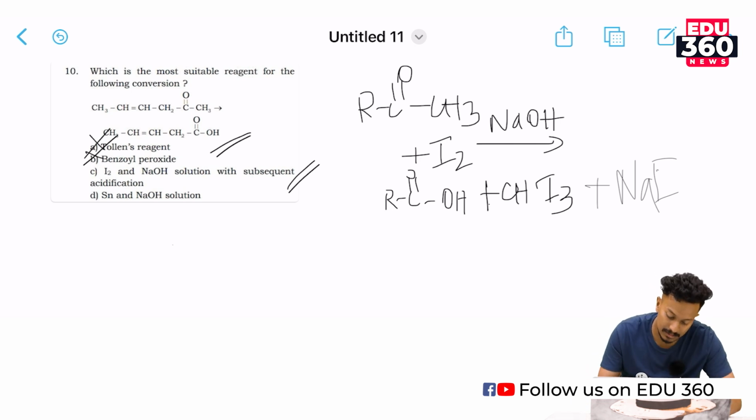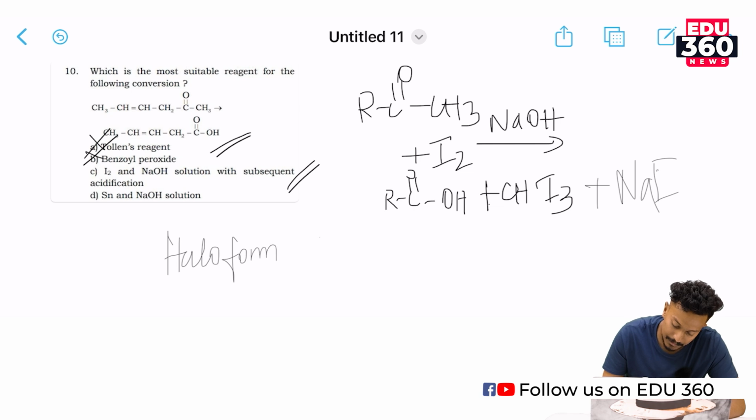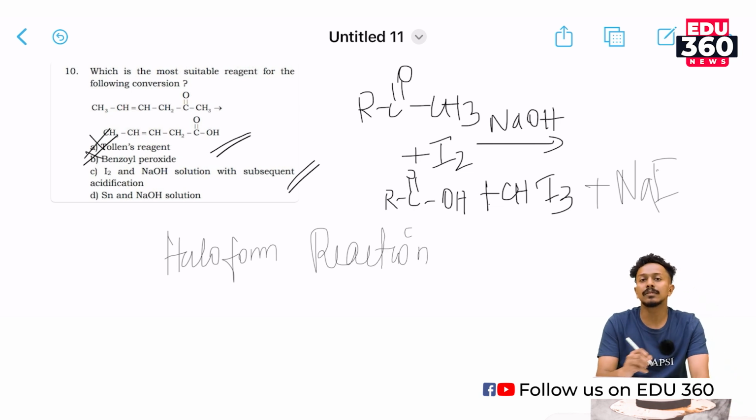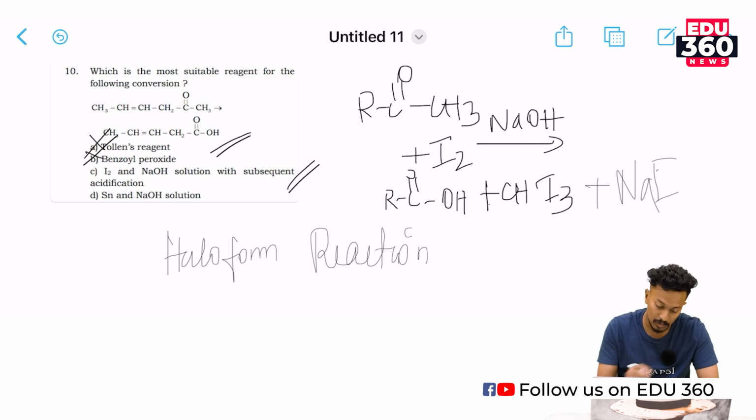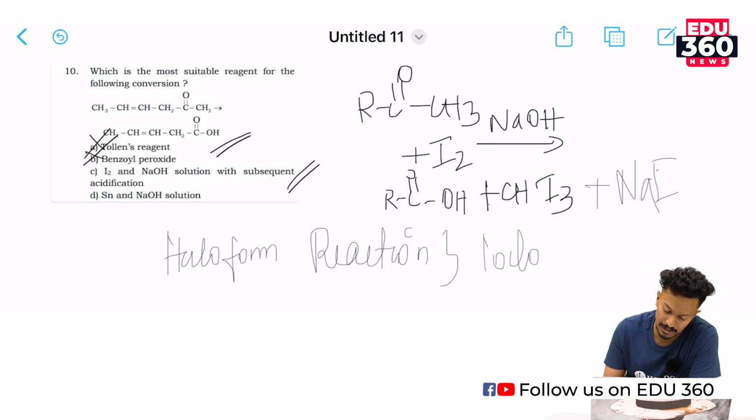So this reaction is namely the haloform reaction. This is the second time I have seen this question in the past 5 years, so this might be an important topic. Since we have used iodine, it is an iodoform reaction.